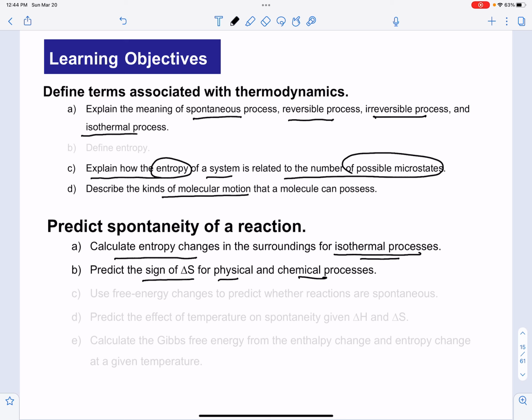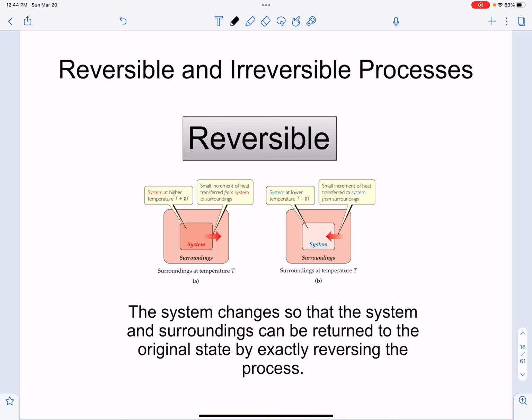So let's begin by defining reversible and irreversible processes. A reversible process is actually an equilibrium process. By small changes on the system, you can make the reaction spontaneous forward or spontaneous backward.